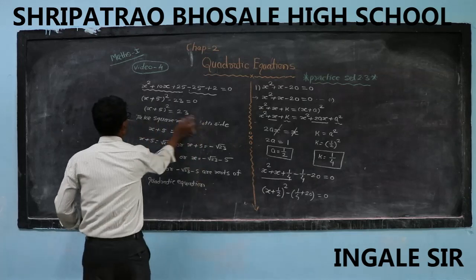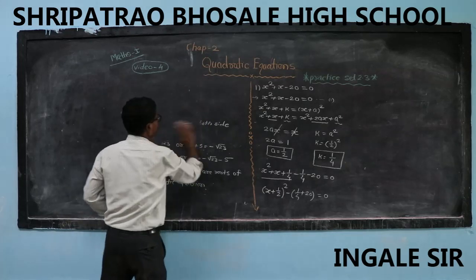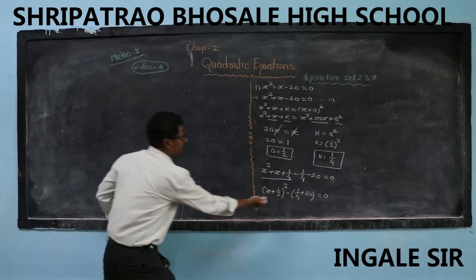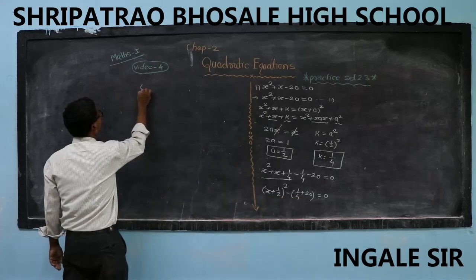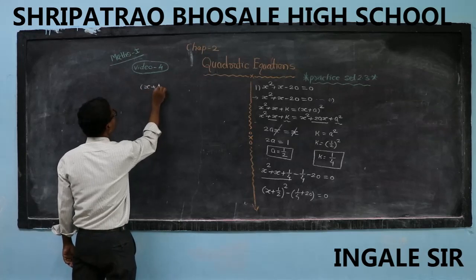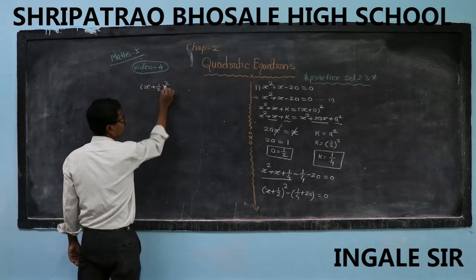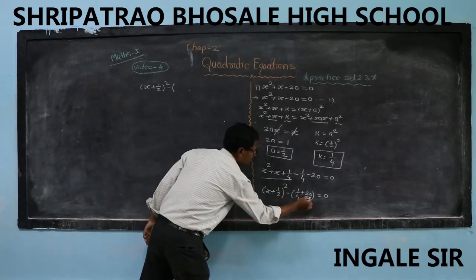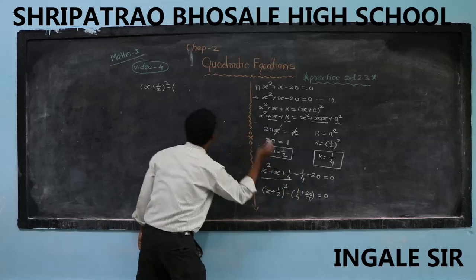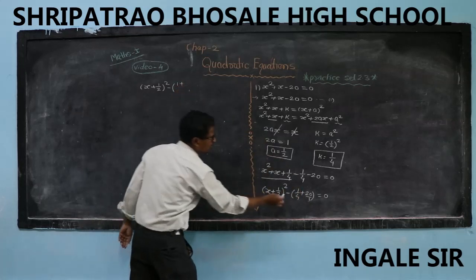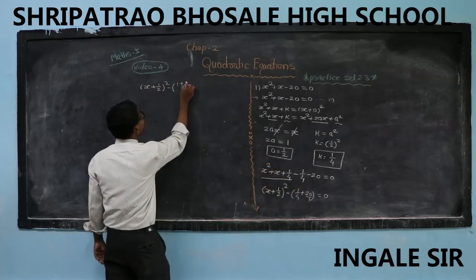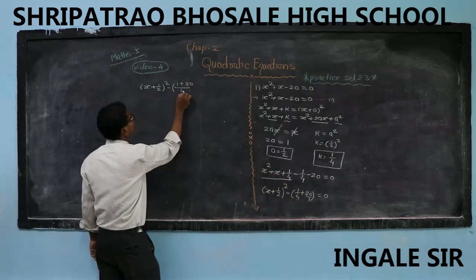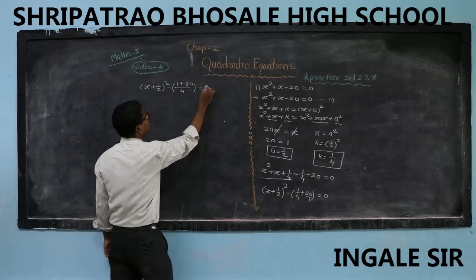Now here take cross multiplication: x plus 1 by 2 bracket square, minus bracket, where there is nothing means 1, so cross multiply: 1 plus 4 times 20, 80, by 4, bracket close is equal to 0.